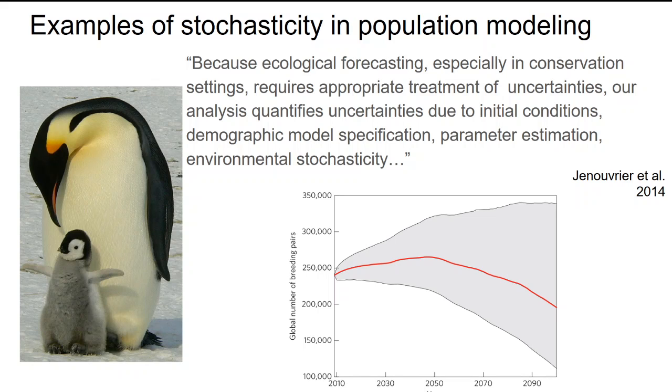And they looked at the global number of breeding pairs, right? And so that's on the y-axis here, the years on the x-axis, and they pulled into their model a whole variety of stochasticities, including environmental stochasticity, to try to predict the range of potential numbers of breeding pairs several decades into the future. And that's what the gray area represents.